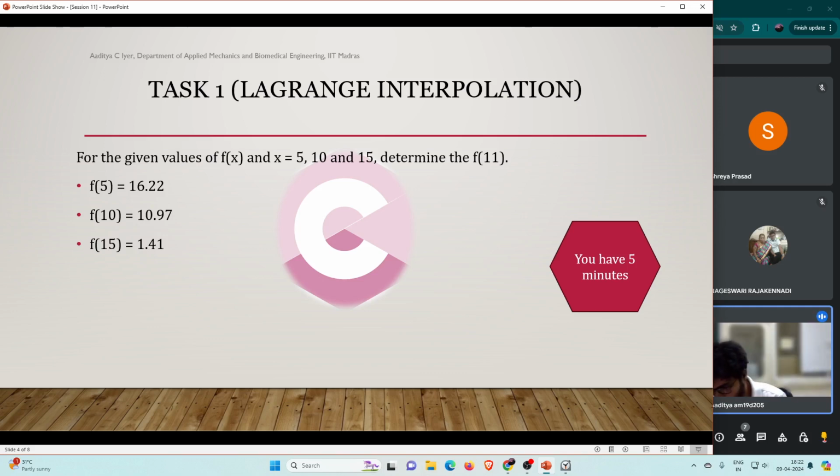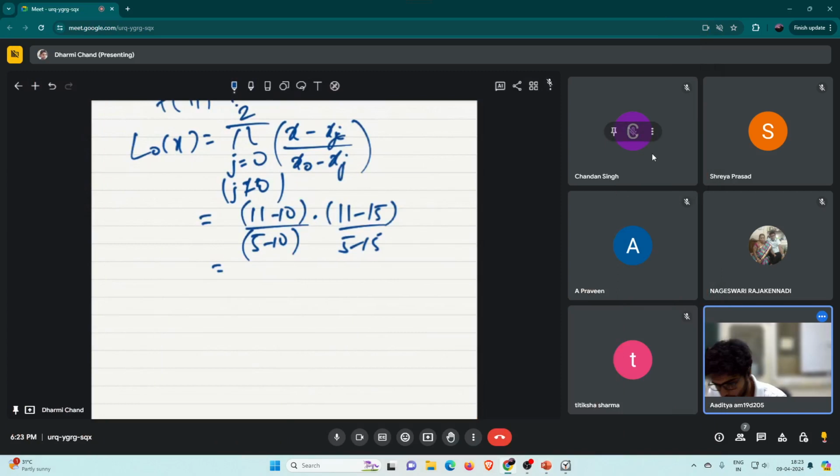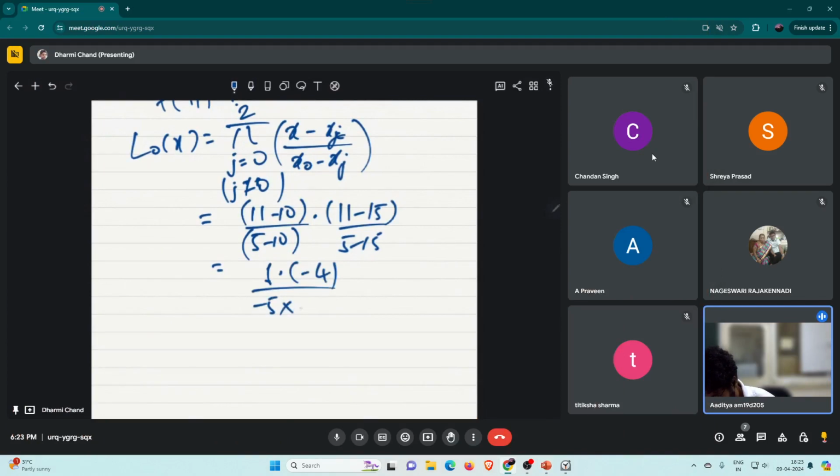So x is 11, right? So 11 minus 10 by 5 minus 10, into 11 minus 15 by 5 minus 15. 11 minus 10 is 1, into minus 4 by minus 5 into minus 10.